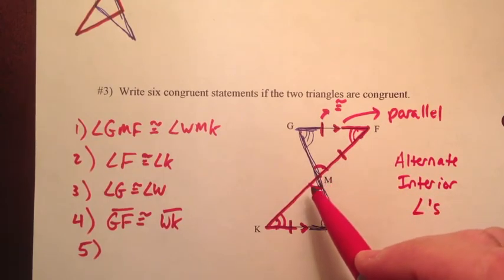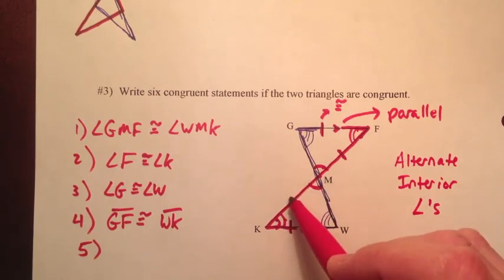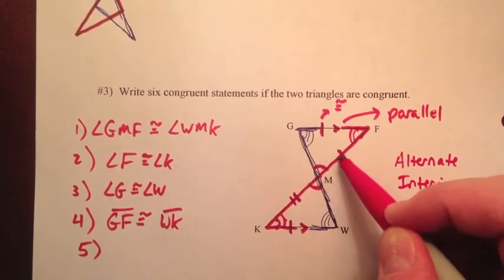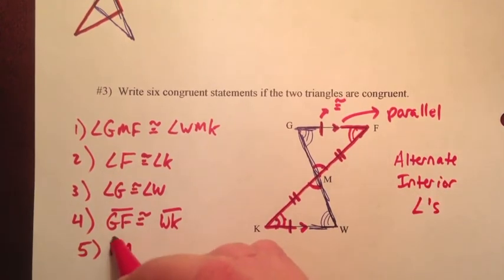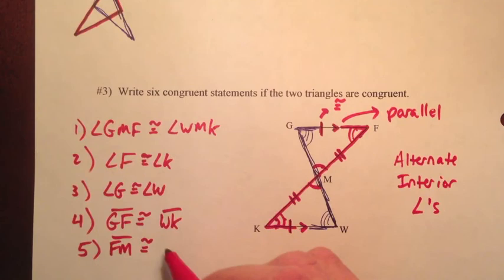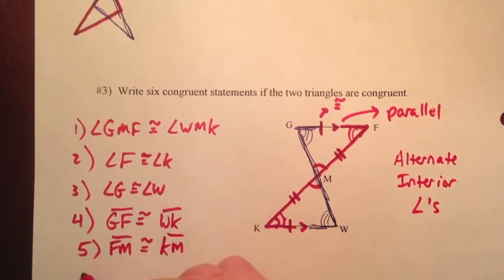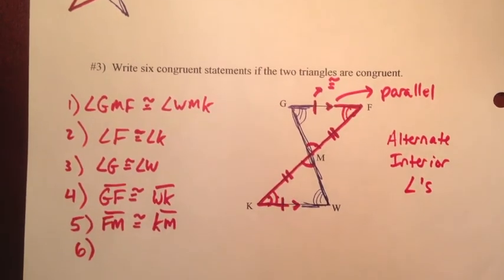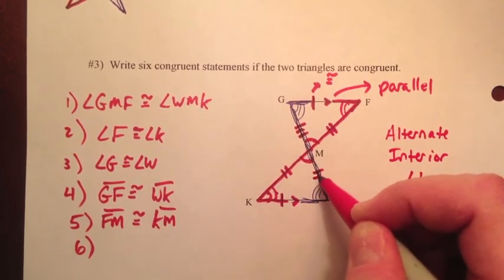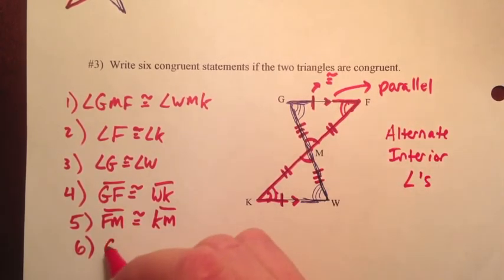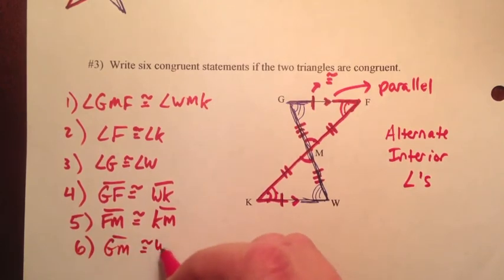So let me look over here, let me match it up. Corresponding 1 arc and 2 arcs, here's the side between them. So I'm going to put 2 marks on those. FM, we'll say segment FM is congruent to segment KM. And the last one we can say is GM, I'll put 3 marks on that, is congruent to WM. Segment GM is congruent to WM.